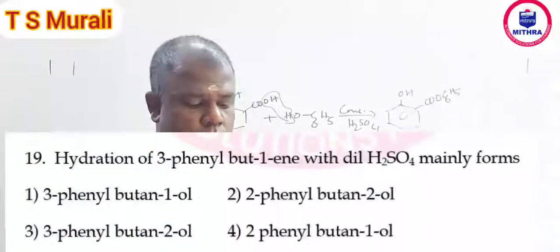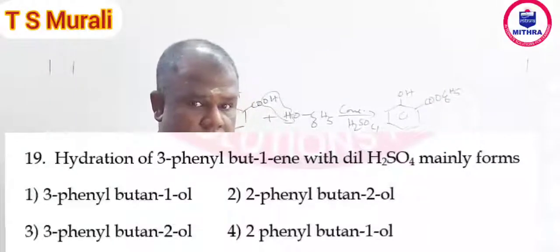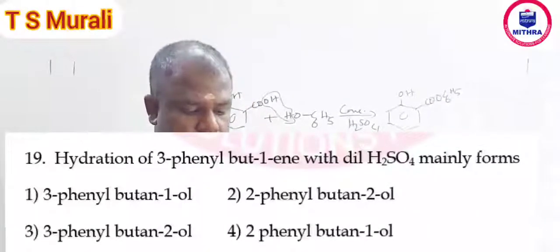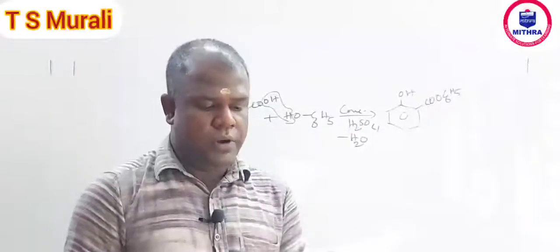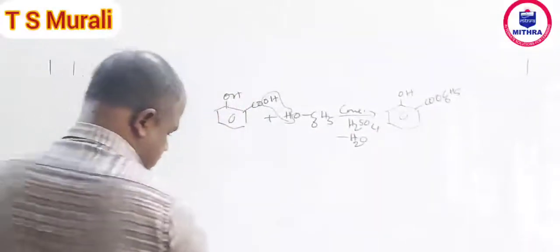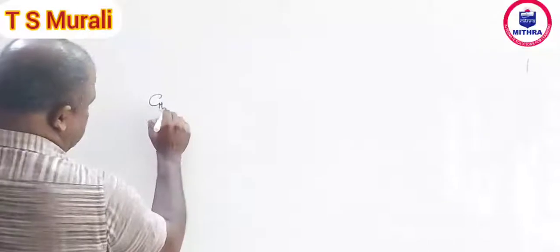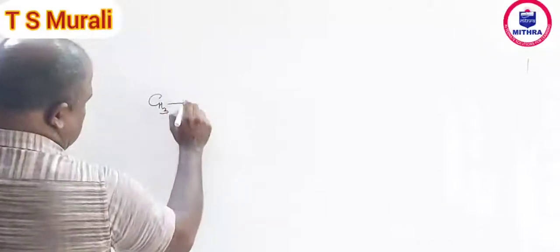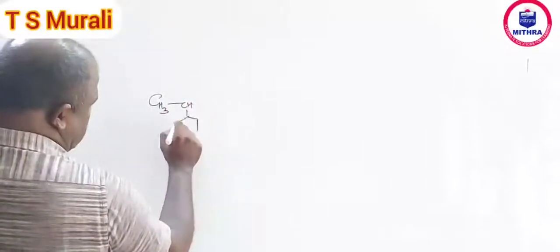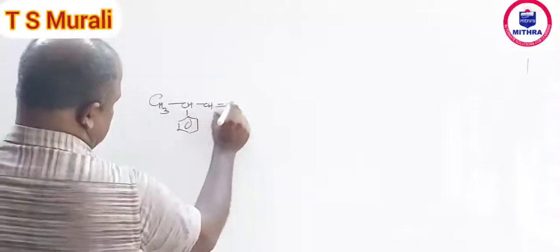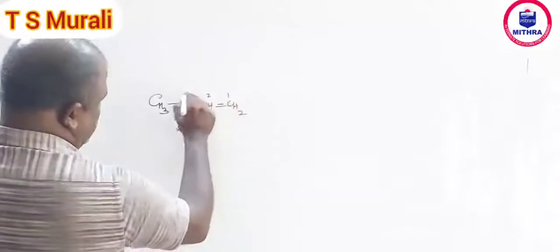Hydration of 3-phenyl-1-butene with dilute sulfuric acid mainly forms. Hydration means adding water. Let us write 3-phenyl-1-butene. 1-butene means the double bond is at carbon 1, with a CH bearing the benzene ring, carbons 1, 2, 3, 4.